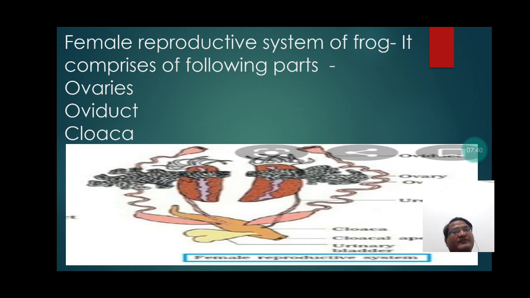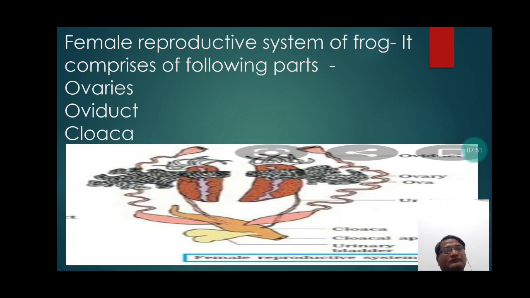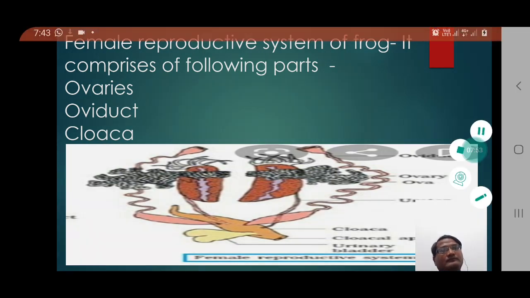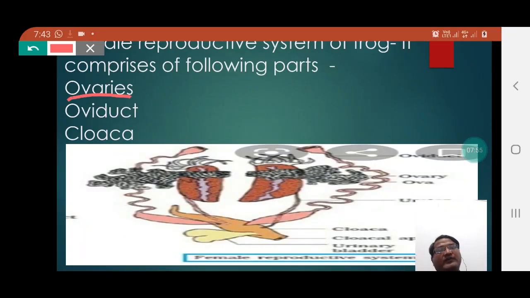Female reproductive system of frog. It comprises of the following parts: ovaries, oviduct and cloaca. Since ovaries, you can easily notice here in the frog, female frog.